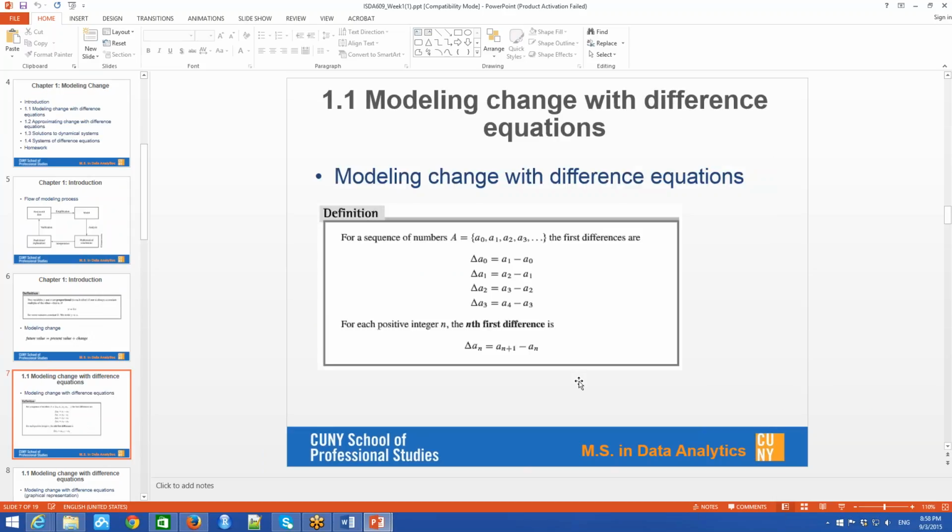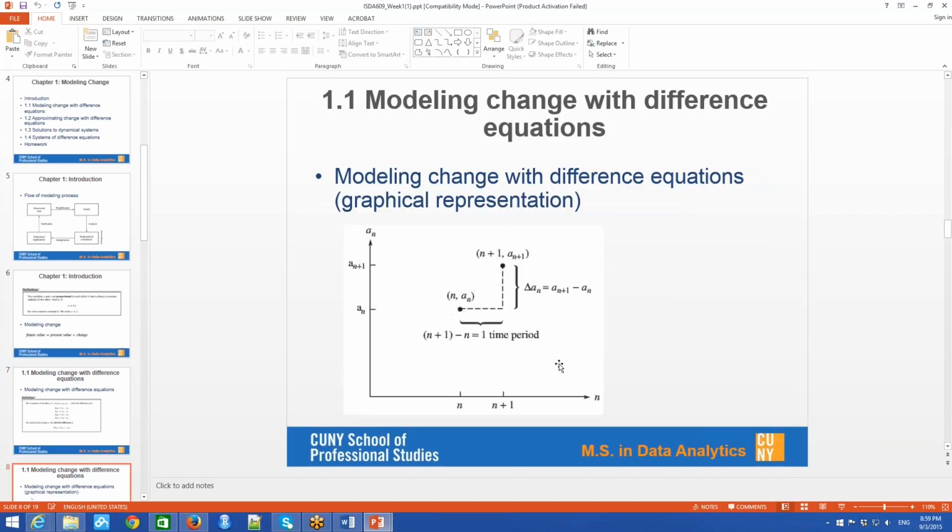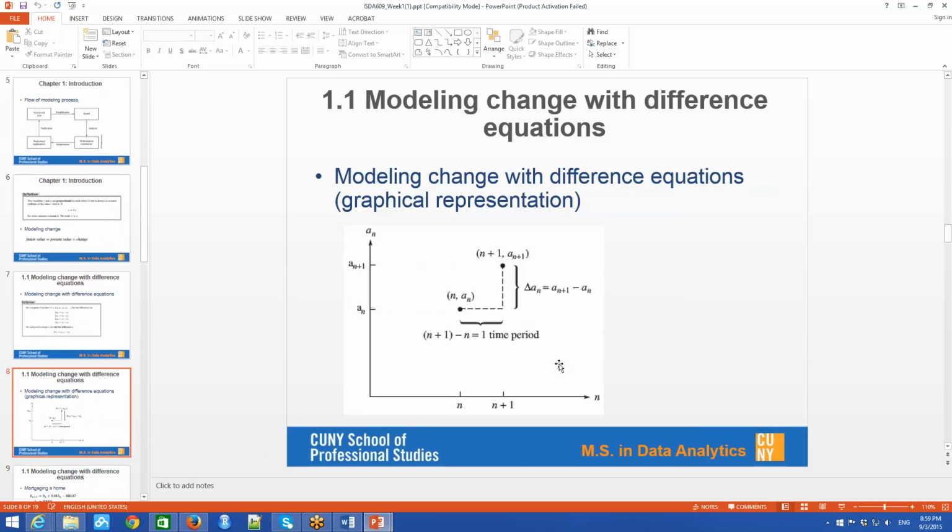And when we have multiple stages, we can model each individual piece: delta A0 is A1 minus A0, delta A1 is A2 minus A1, and so forth. And then we can find that delta AN is AN+1 minus AN. And then graphically, we can see how this can be represented.